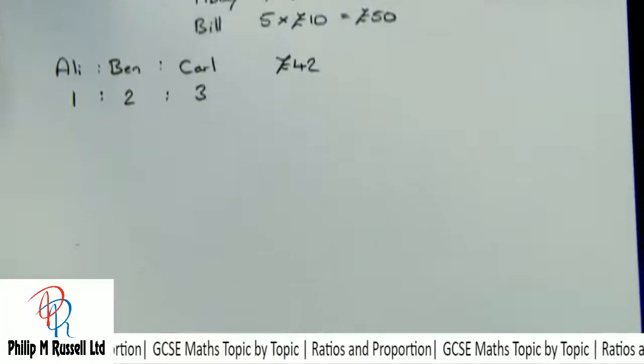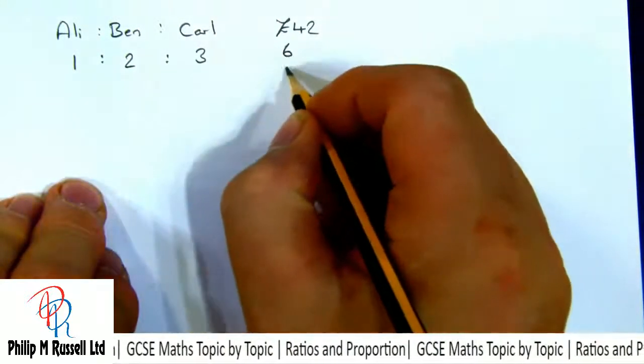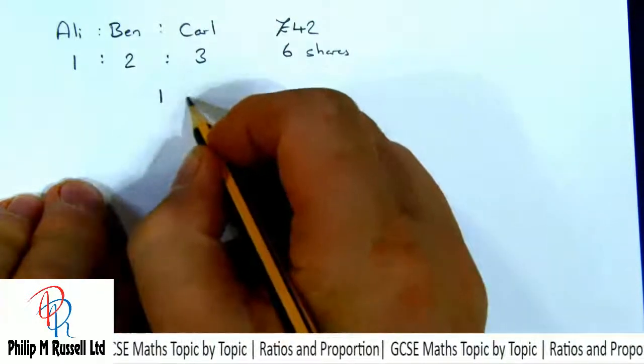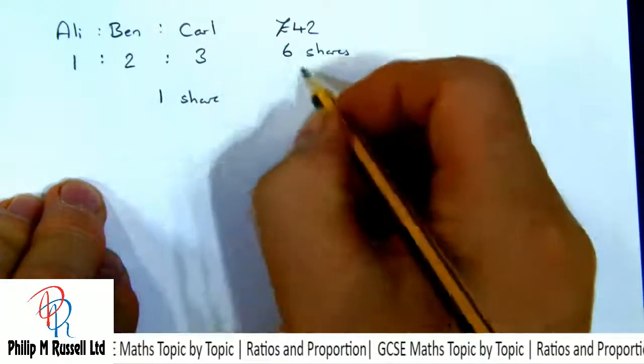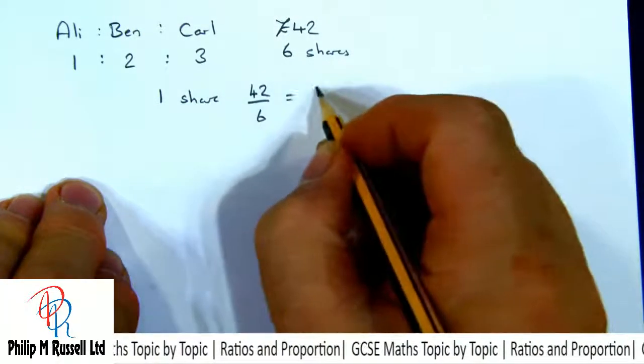Let's add these up. So that's going to give us 6 shares. To find out what 1 share is, it's going to be the 42 divided by the 6, which gives us 7.